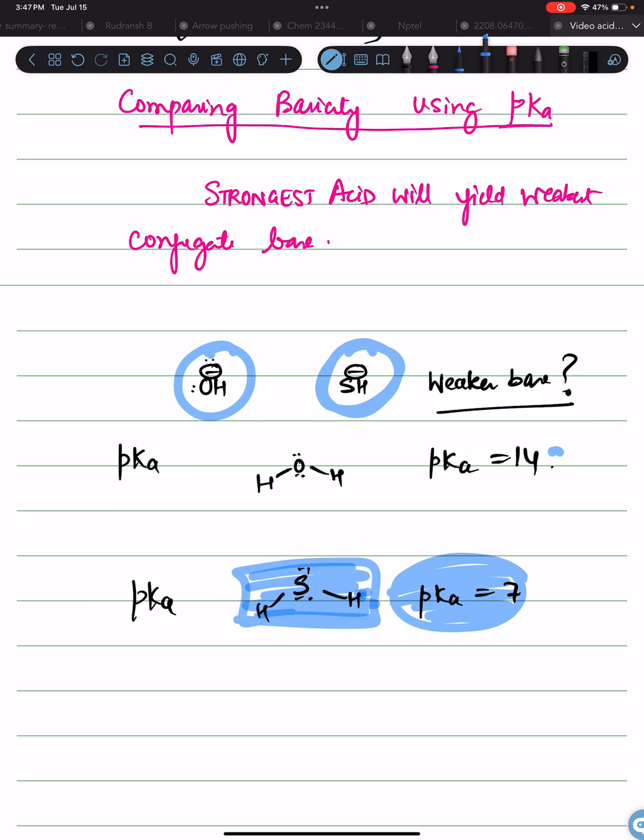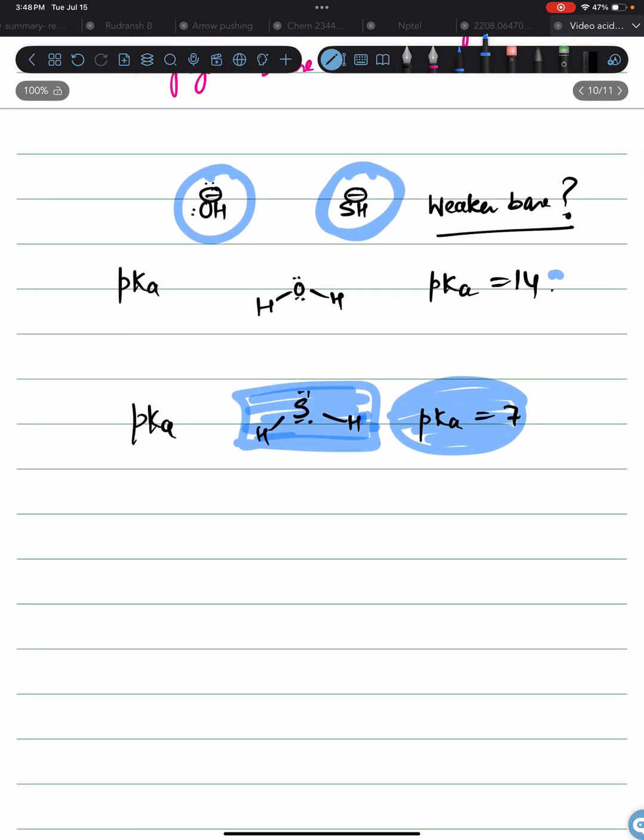So if you are asked to pick which one of them is a stronger or a weaker base, write down their respective conjugate acids, compare their pKa values, and after comparing, predict which is a stronger acid. Whichever is a stronger acid, that would give you the weakest base of the two. Okay, this is how you can predict.